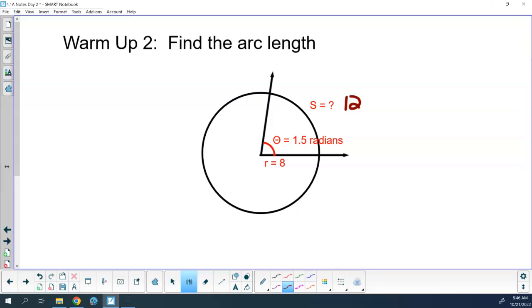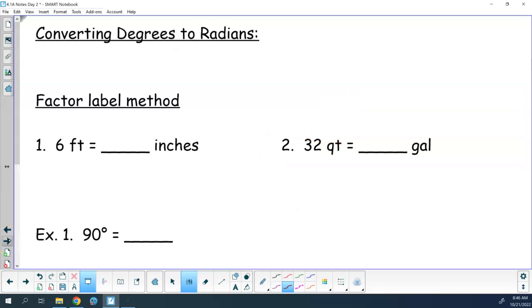Because we went 1.5 radians. So 1 radian would be 8, half of a radian would be 4, so we went 12 units in this particular case. Okay? All right? Wanted to get you thinking back about the Smarties and all that fun stuff that we had.